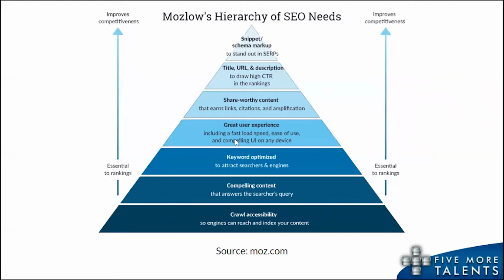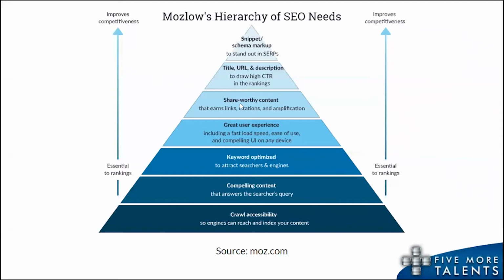This also says compelling UI on any device. So Google also has a factor for whether your website is mobile friendly. And if your website is not mobile friendly and someone is searching for your site, your organization, your church on Google, then it will tend to be displayed lower.